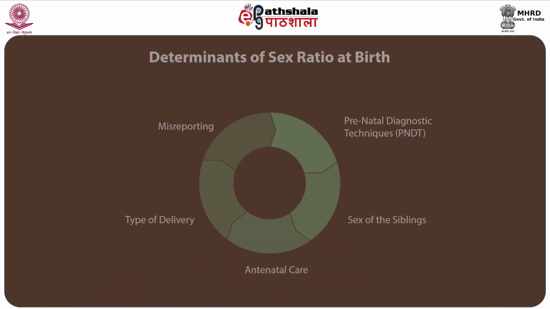We have already seen that sex ratio at birth normally would have been determined only by biological factors, but that is not the case in recent years. The prenatal diagnostic techniques, known as PNDT, which determine the sex of the baby, are one of the important determinants of the sex ratio at birth in recent years.